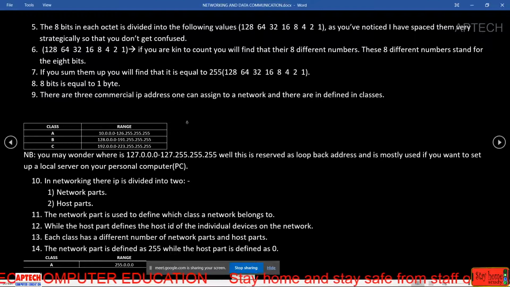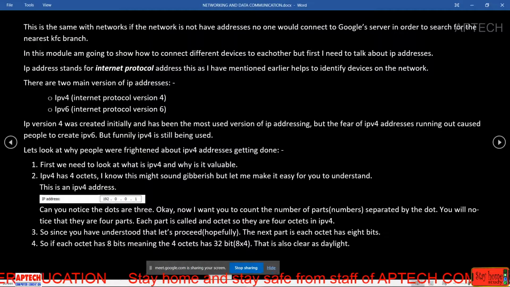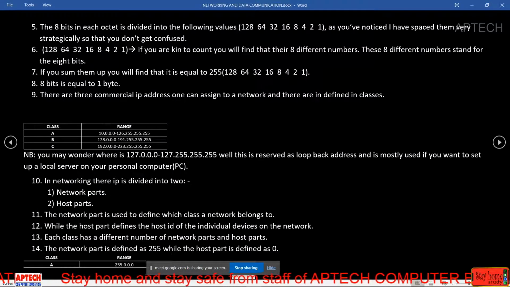Just by default, you just know that that's how things are. I don't want to say it's cramming, but that's how it has always been since they created IPs. And 8 bits equals 1 byte, and the sum is actually equal to 255.